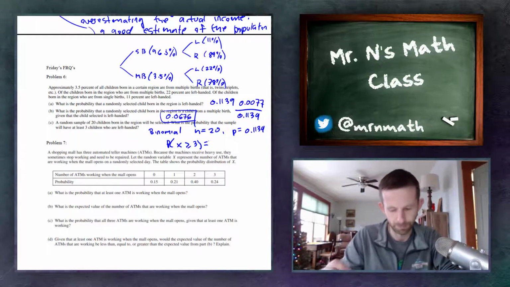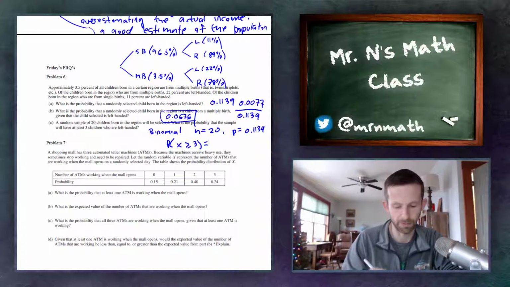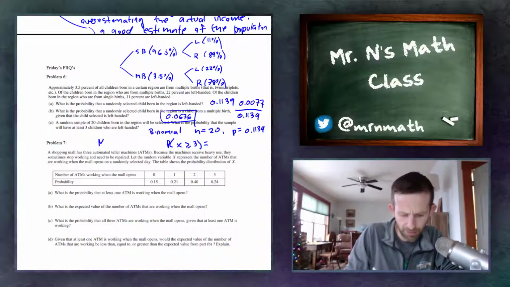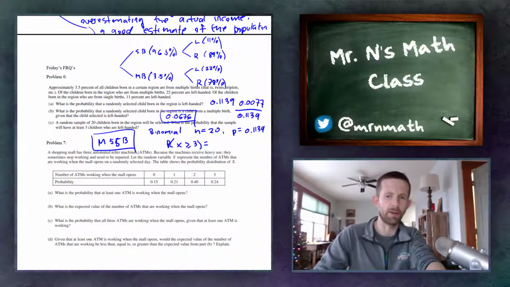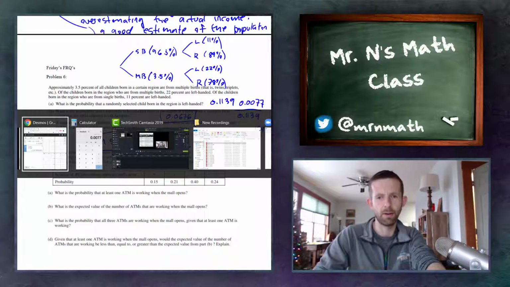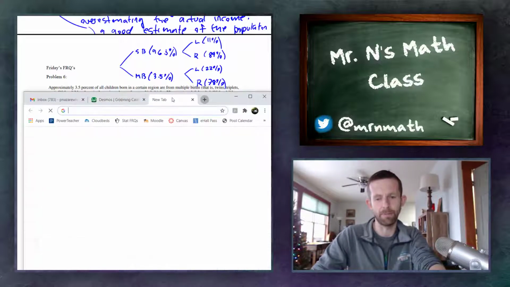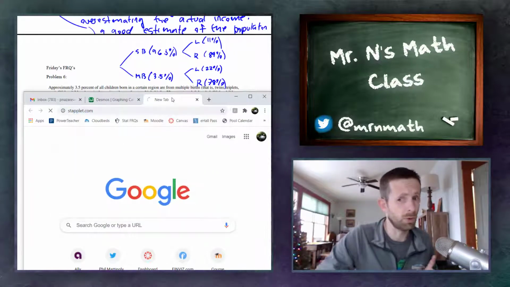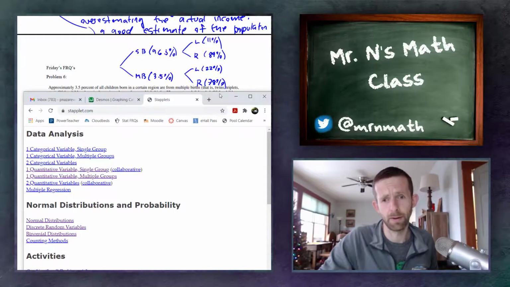And you want to know how to do this on the calculator. So it's going to be like menu 5B. And unfortunately, I can't do it because I don't have my calculator here. But I'll show you how to do it on Statlet. But you do want to know how to do this on the TI Inspire.